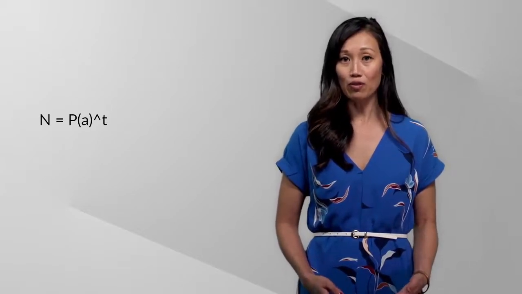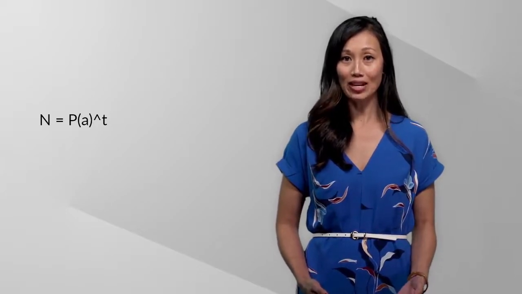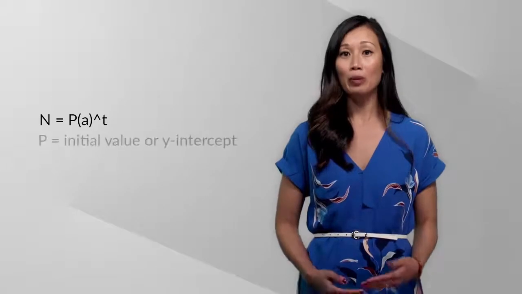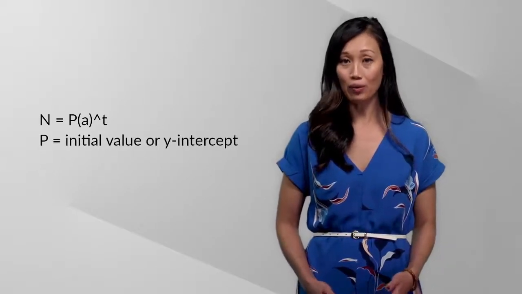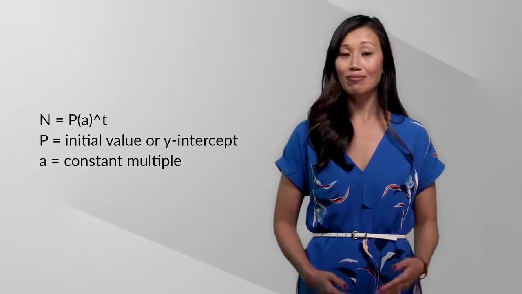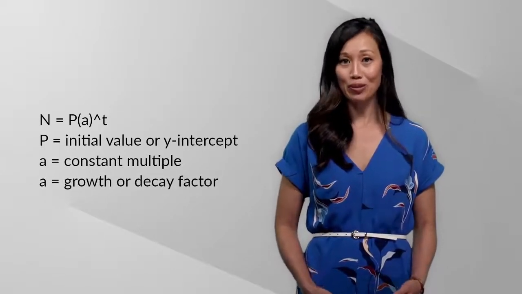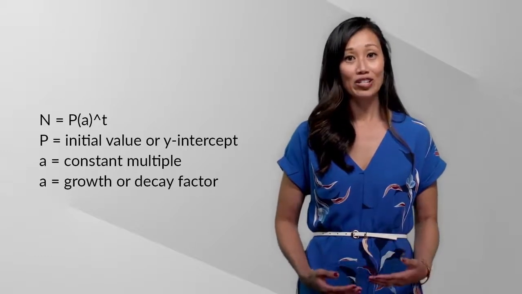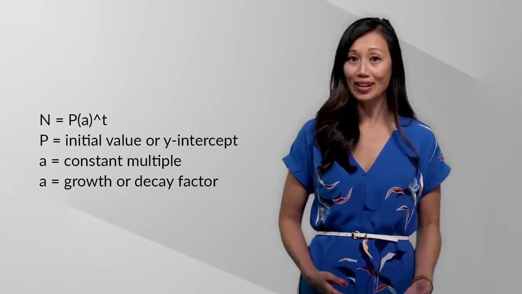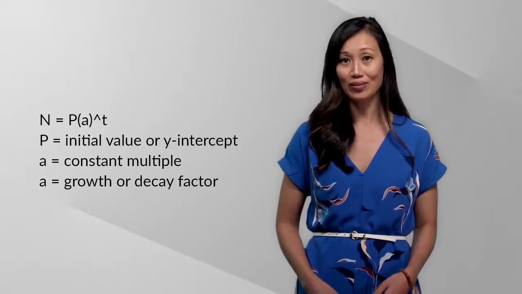This gives us a general formula for exponential functions. N equals p times a to the power of t, where p is the initial value, or the y-intercept, and a is the constant multiple. A is called the growth factor if the function is increasing or growing. Now, if the function is decreasing or decaying, that constant multiple a is called the decay factor.